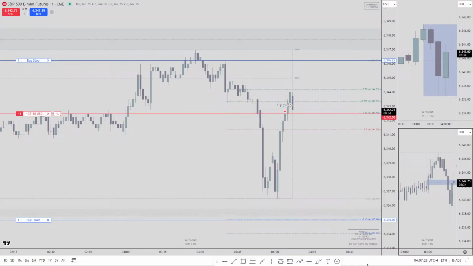It better not form a bullish fair value gap on the 5 minutes, right below the inversion that I'm looking at.